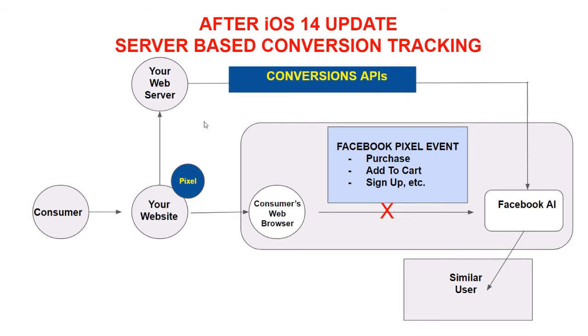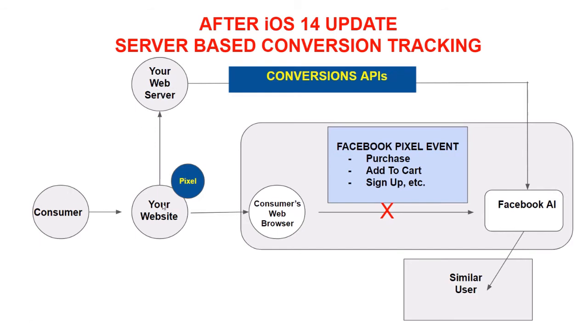Conversions API has been there. It's a server-based tracking method. Just as the cookie tracks the activities that the person performs using their browser, this tracks the activities from your own web server.